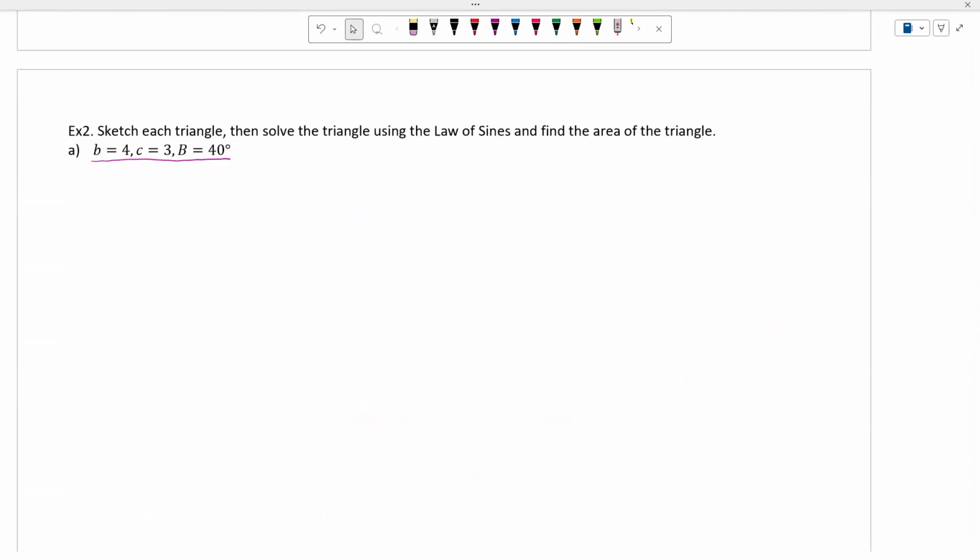So for this triangle, we just randomly draw a triangle first.